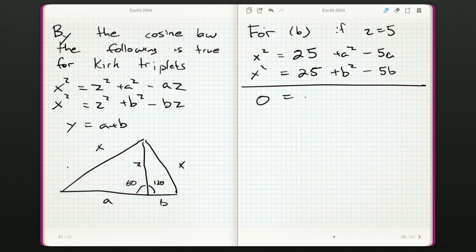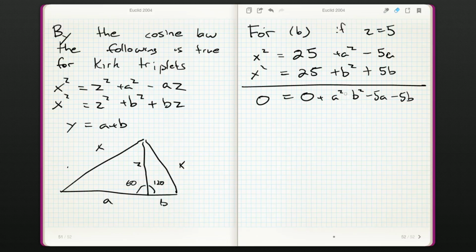Subtract the 2, we get 0 is 0 plus a squared minus b squared. Oh, this should be a plus. These should be pluses. I was wondering, they were way too similar, these equations. And then we'll get minus 5a minus 5b.